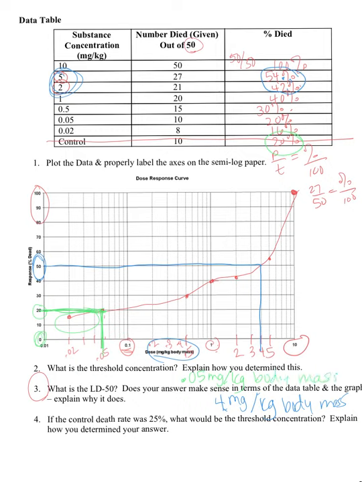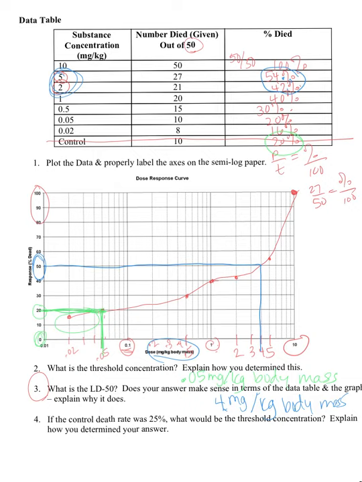Big idea of experiments is control is the basis of comparison. So I compare to the control to find this threshold.